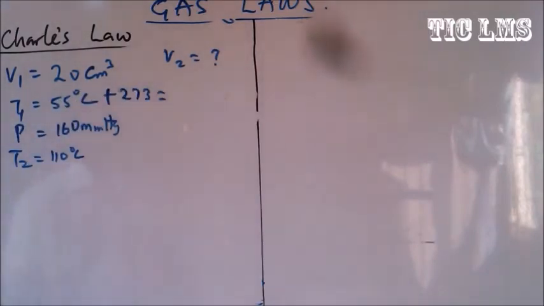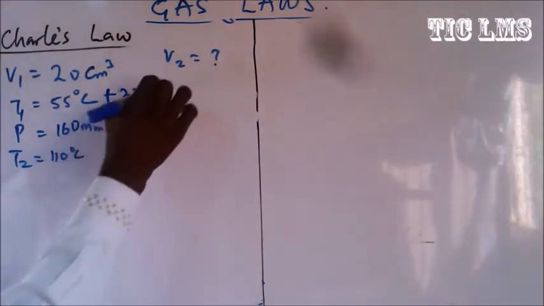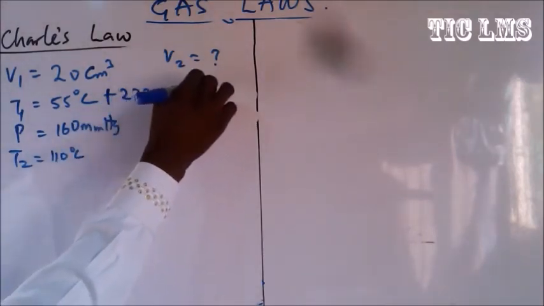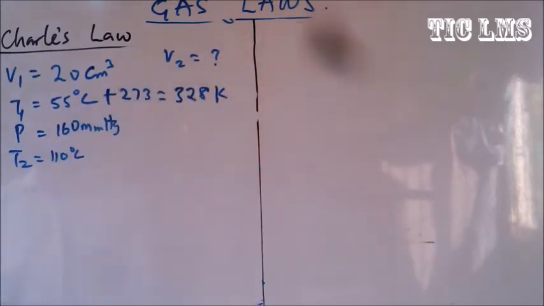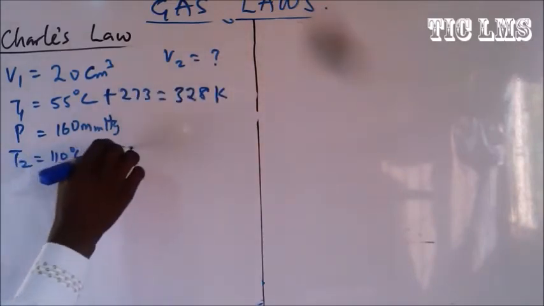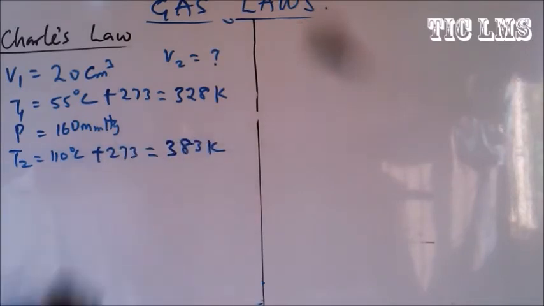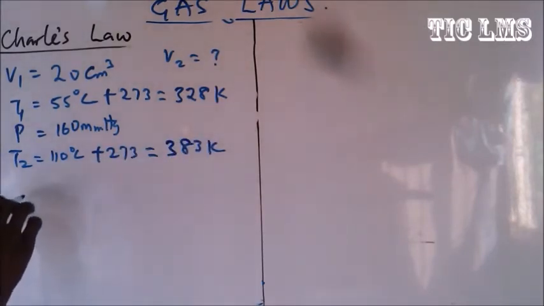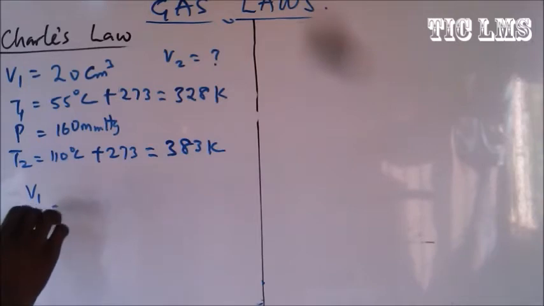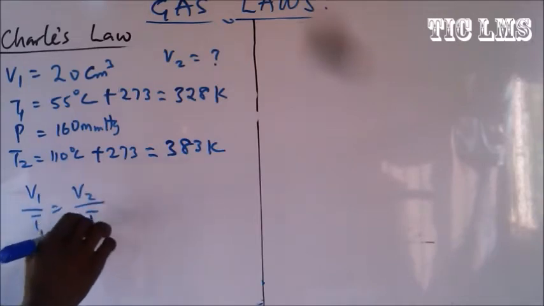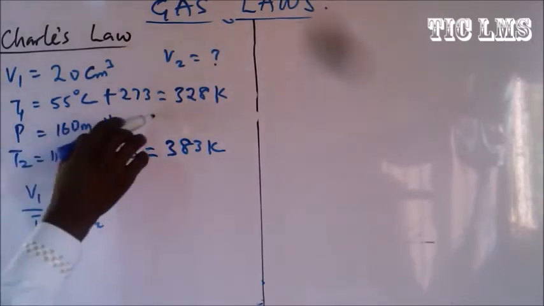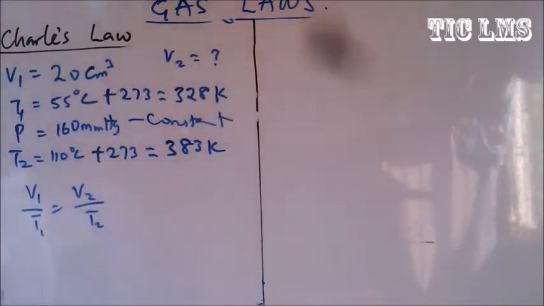When we add 273 to 55 degrees Celsius, we will have 328 Kelvin. Likewise, for T2 we'll add 273, and that would give 383 Kelvin. Next, we'll bring in our formula, which is that V1 over T1 equals V2 over T2. Since pressure is constant, it doesn't feature here.